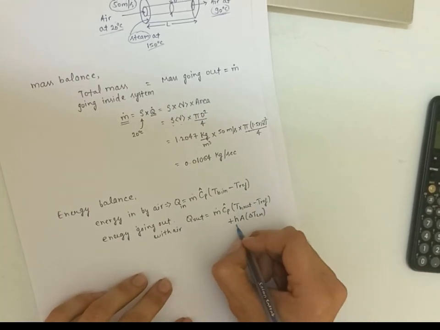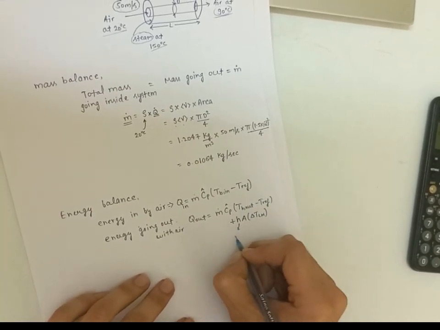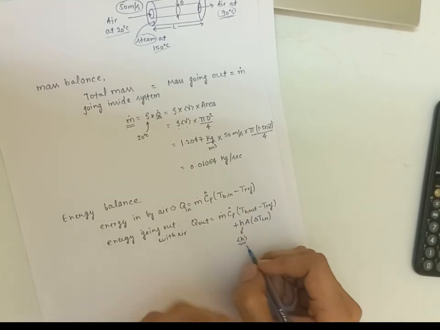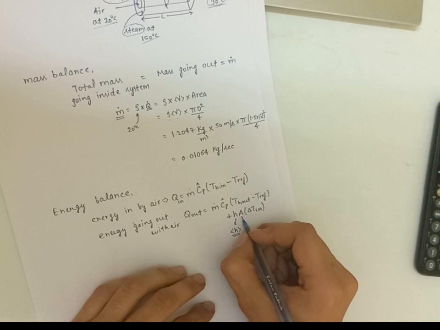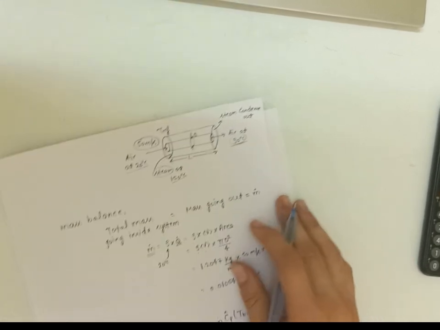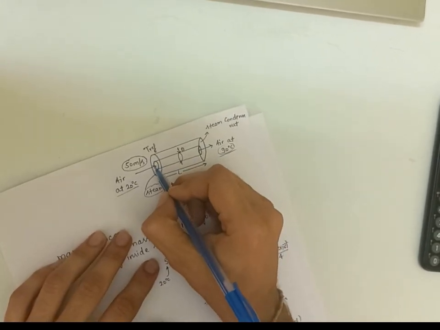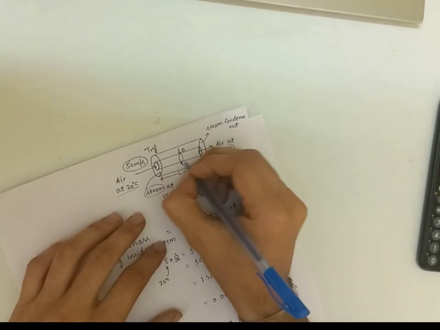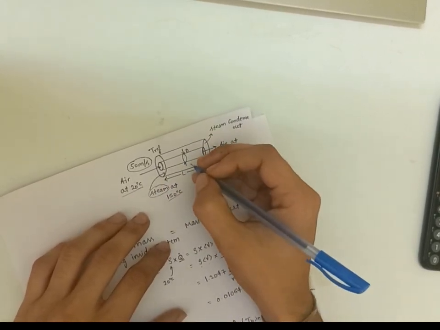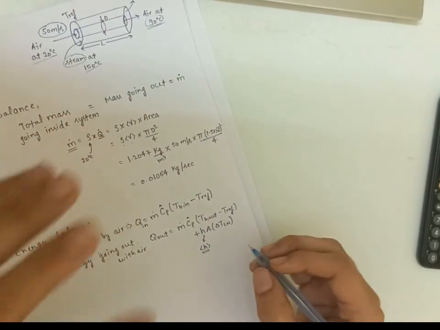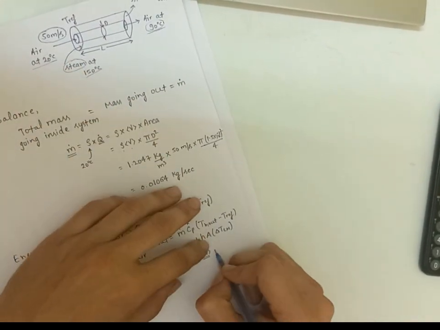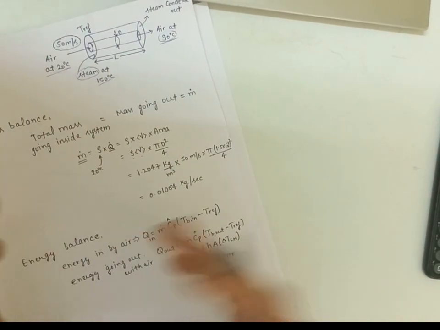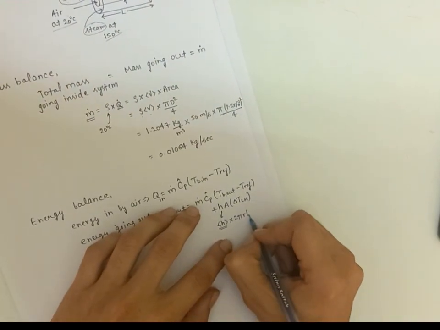Here h is the heat transfer coefficient, and we are going to take the average value of it. The contact area in this case, since we have a cylinder, is the curved surface area, which for a cylinder is 2 pi r h, and h in this case means length, so 2 pi r L.